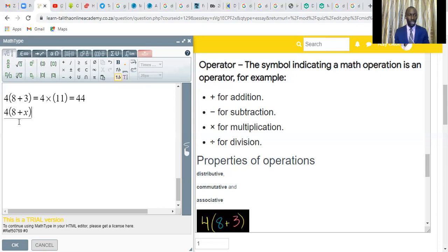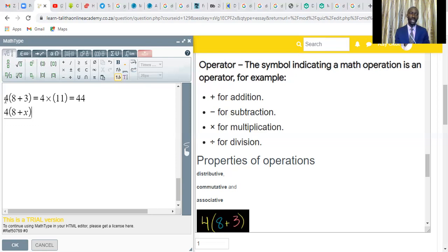The approach we use to simplify this type of expression is guided by this property of operation known as the distributive property. What that means is we can distribute 4 onto 8 and also onto the next term, which initially has been 3.